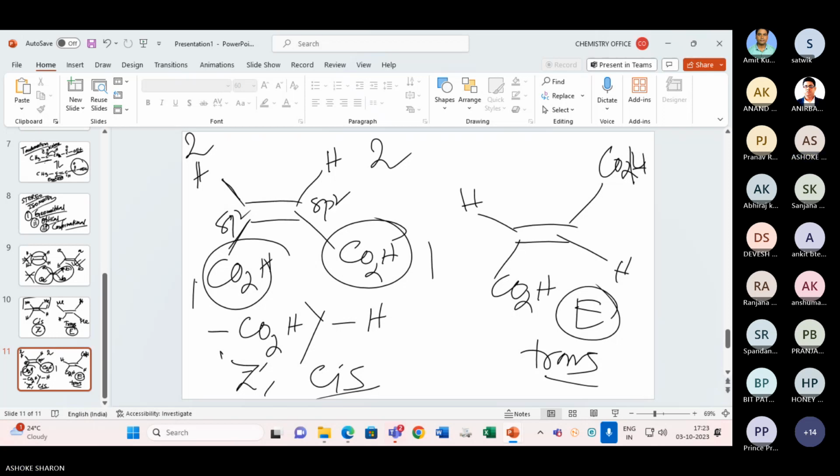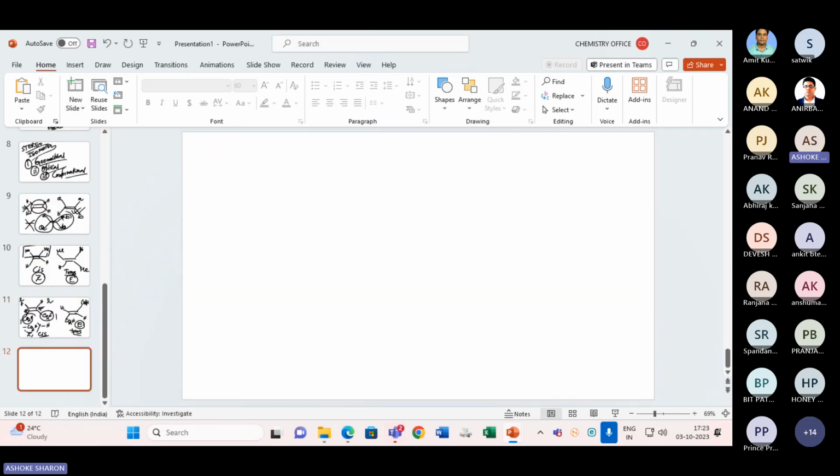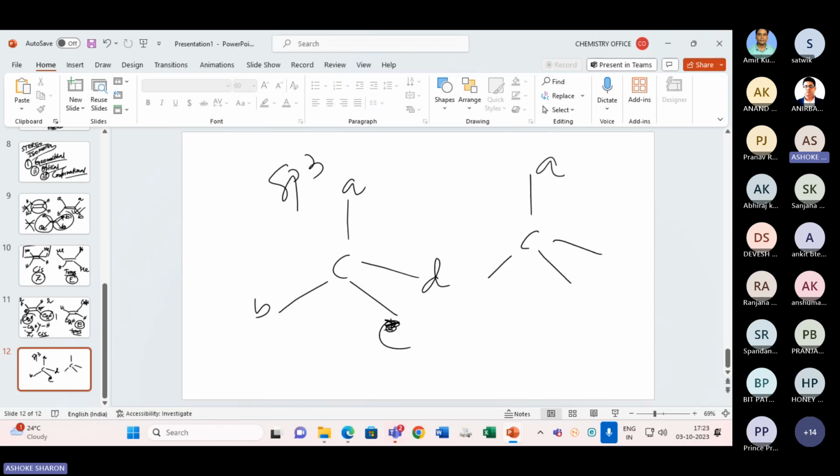But if you consider a 3D molecule, for example an sp3 carbon substituted with A, B, C and D, four different substituents, not necessarily always four different, the same substituent may also be there. So this molecule is three-dimensional.